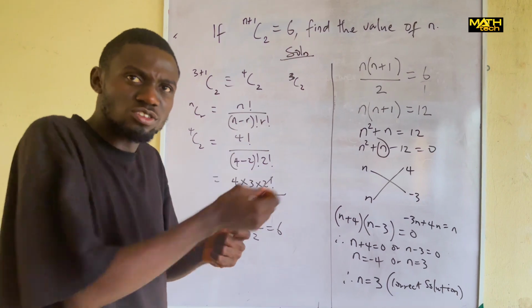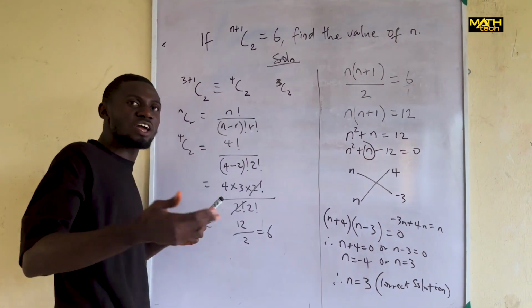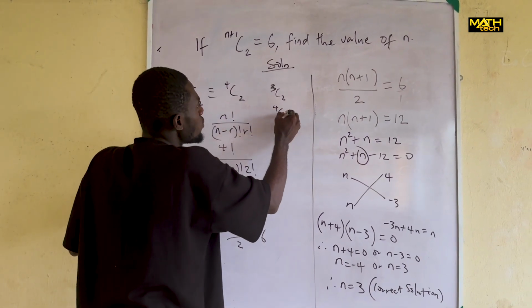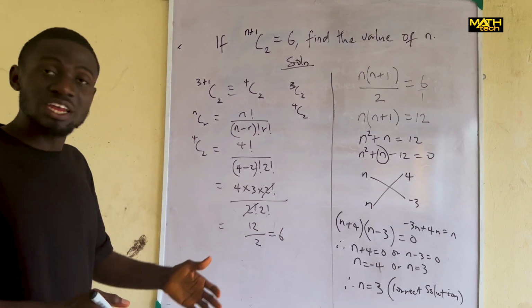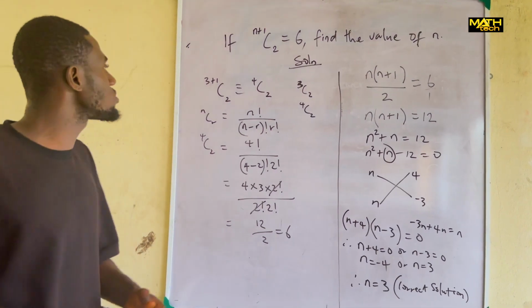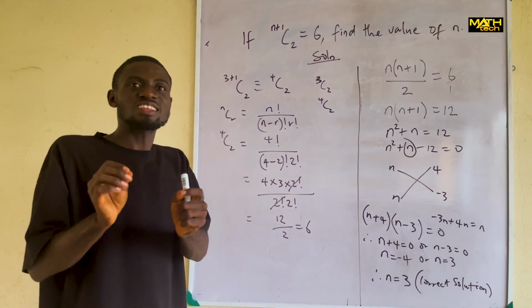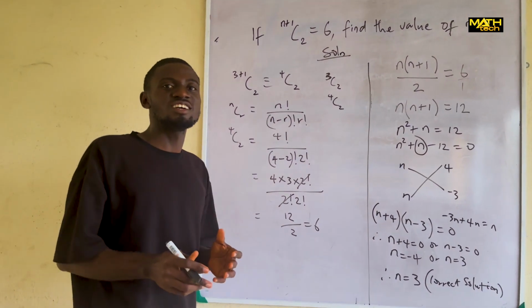So with your brain, you can just solve that out, and you try the next one. Let your value of n be equal to what? 3. 3 plus 1 will give us what? 4. 4 combination 2, which we did here, and you see. So in an objective test where you have been given options, just using this quick test of numbers, you will get the result very fast and very easy.